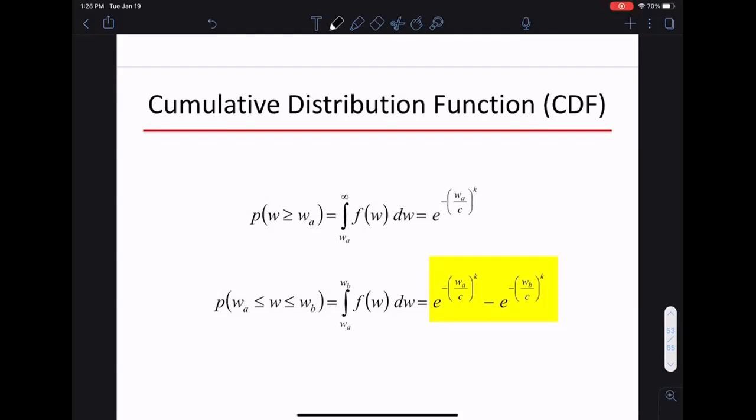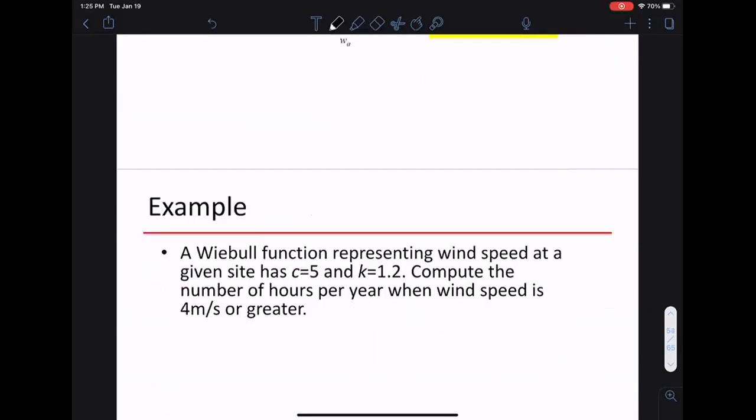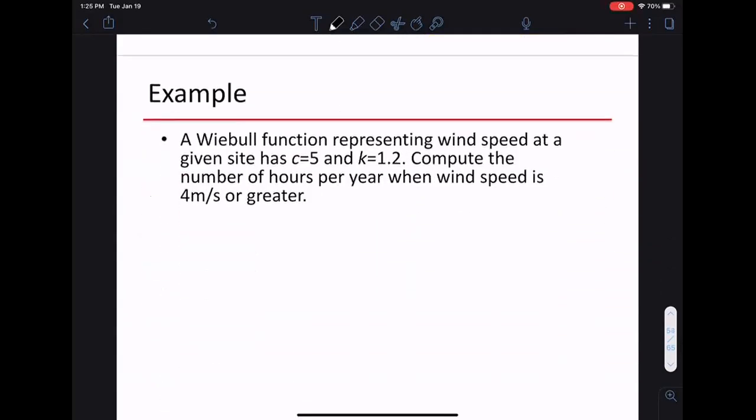What the CDF function allows us to answer is a type of question like: for how many hours of a year is the wind speed greater than some number or smaller than some number. So for example, let's look at a question like this.